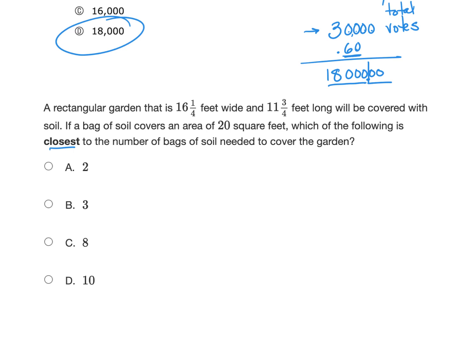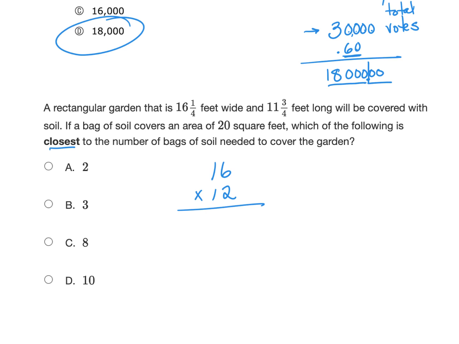All right, so first we need to find the area of the garden. Now 16 1/4, when I round that, I'm going to round that to 16. And 11 3/4, or 11.75, I would round up to 12. Okay, so already we're getting rid of the fractions to make life easier.